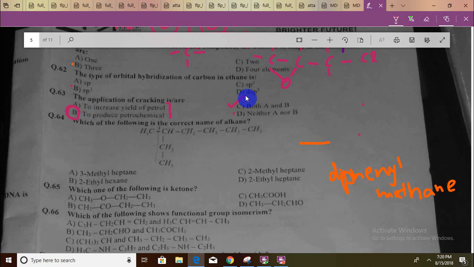Then we have petroleum ether used as a solvent, ligroin or naphtha used as a solvent and raw material, and we have gasoline, which is used as a motor fuel, and usually the ones that we crack are kerosene oil and gas oil. So kerosene oil and gas oil are the ones that we usually crack to get what we want.